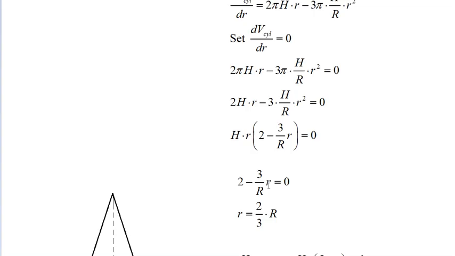Solving for small r, we get r, the radius of the cylinder, is equal to 2/3 times the radius of the cone.